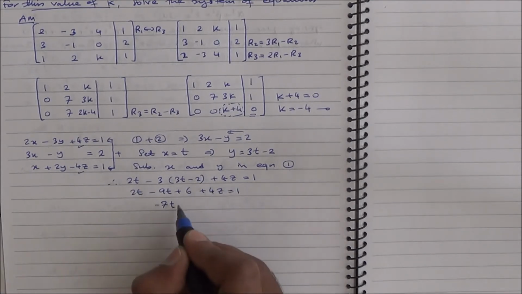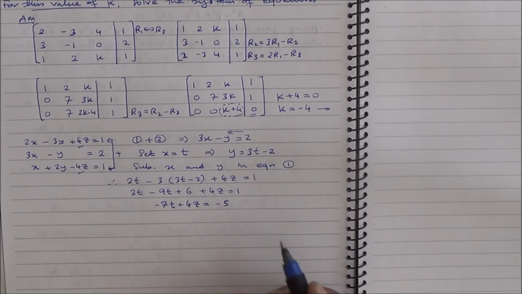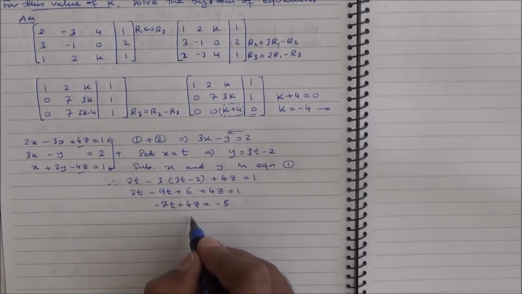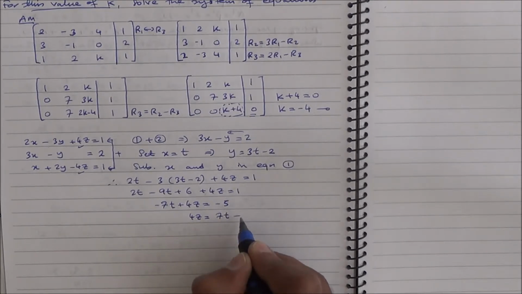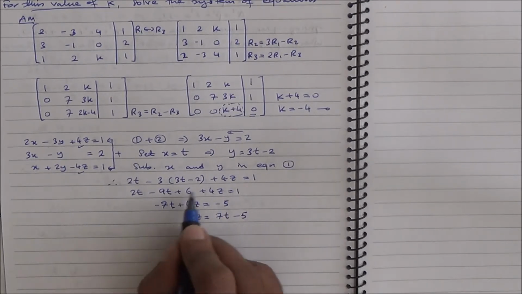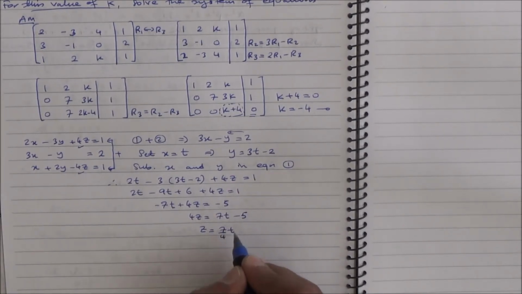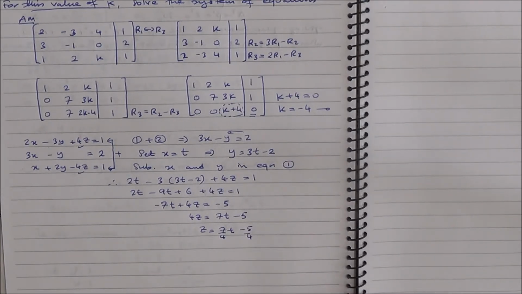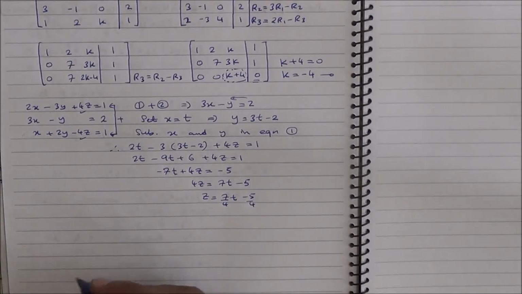The 6 can go on the other side: plus 4z is equal to 1 minus 6, which is minus 5. So 4z is equal to 7t minus 5. Therefore, z is equal to 7 over 4 t minus 5 over 4. So here's the solution, the parametric form.